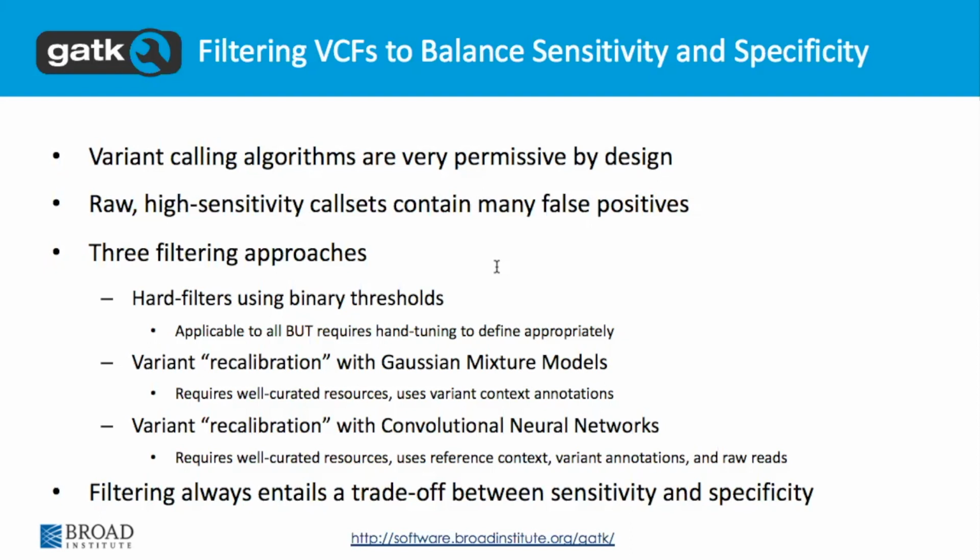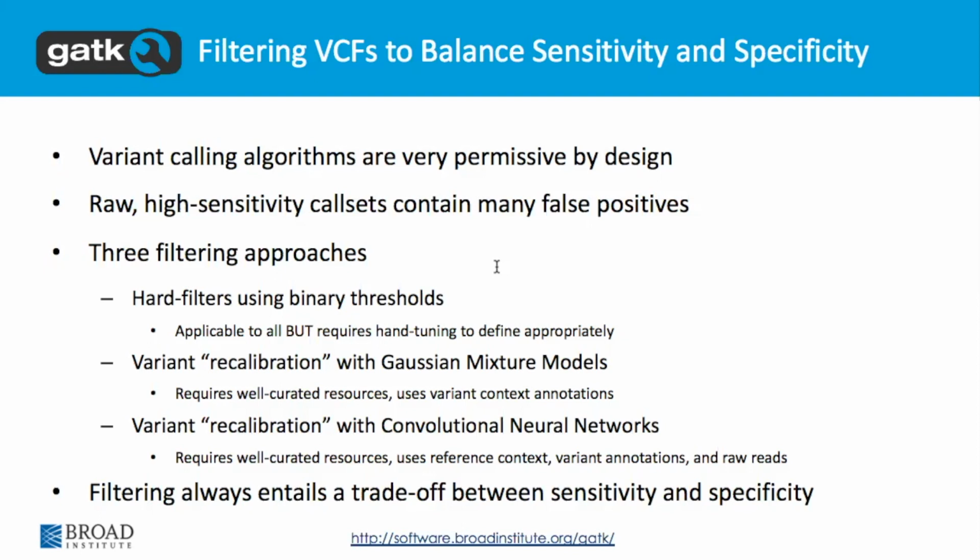That is one of the first filtering approaches that was done: to just set a hard filter on some annotation. For example, if the mapping quality is less than a certain value, you just get rid of that variant altogether.